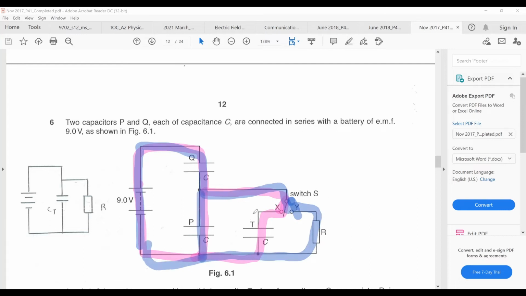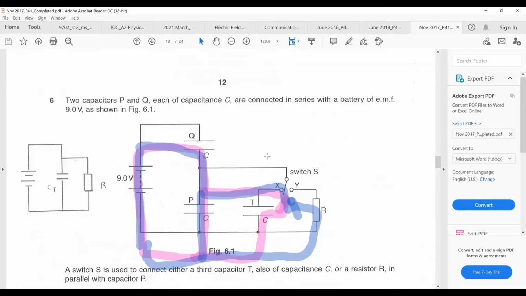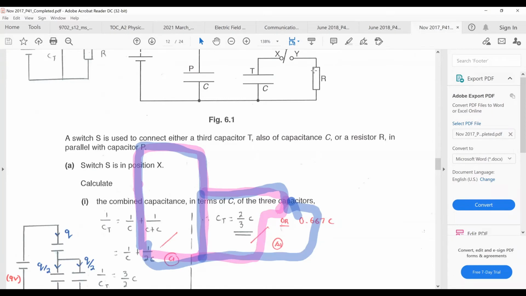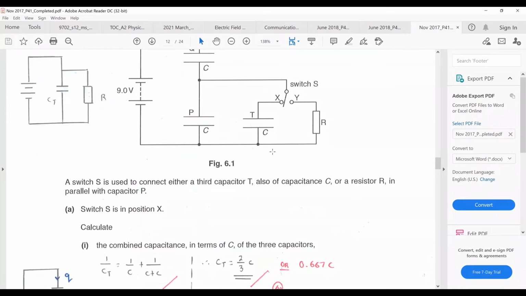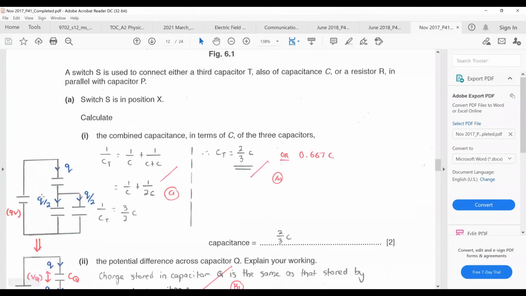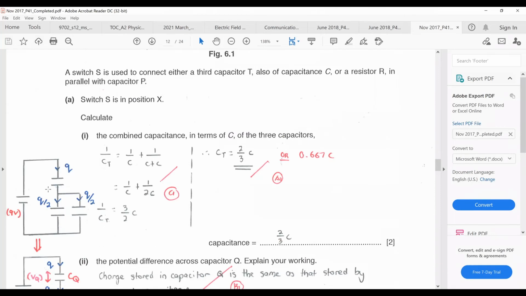So it changes accordingly, right? So what you do now is that they tell you your switch is at position X. This is how it will look. You have capacitance C here, capacitance C, capacitance C.